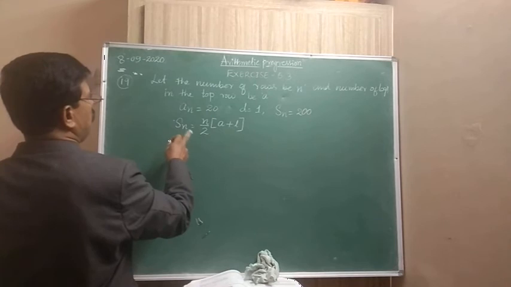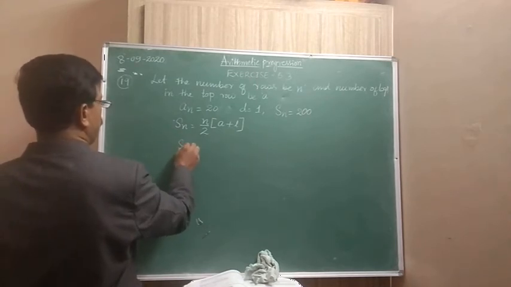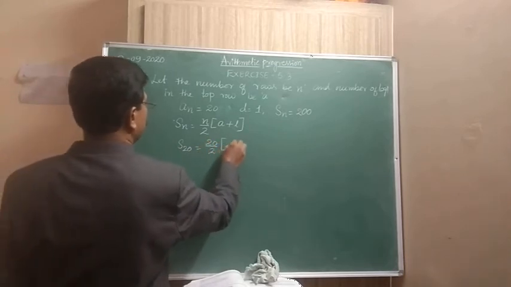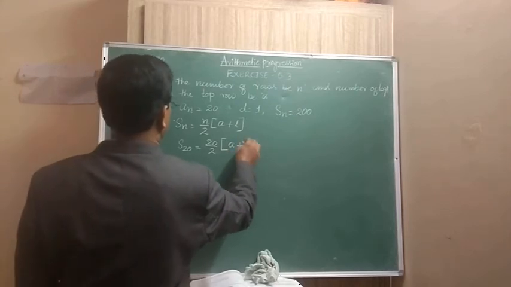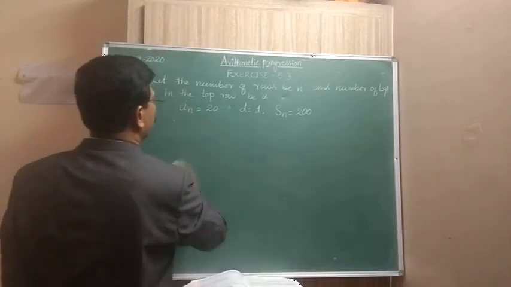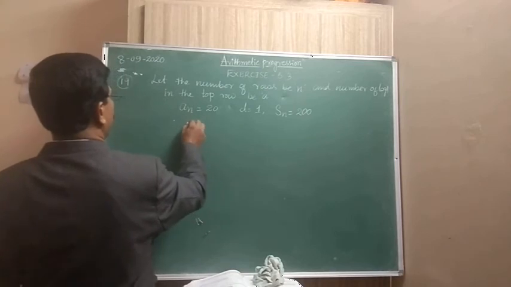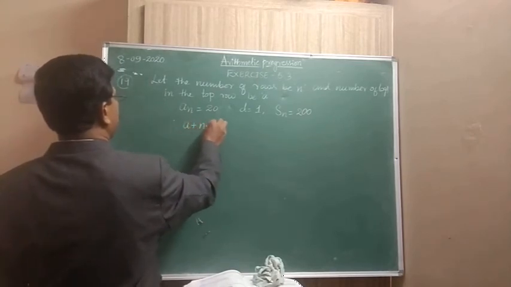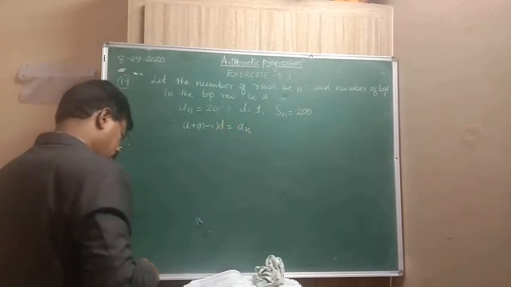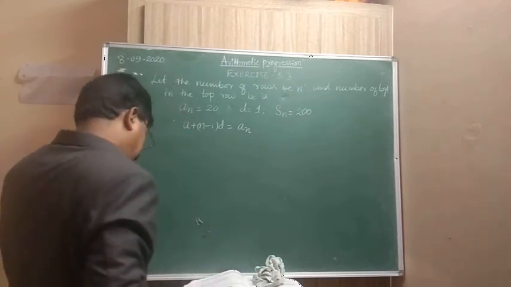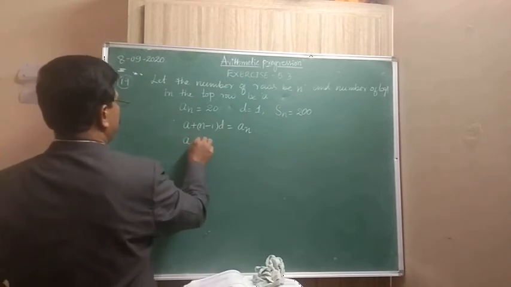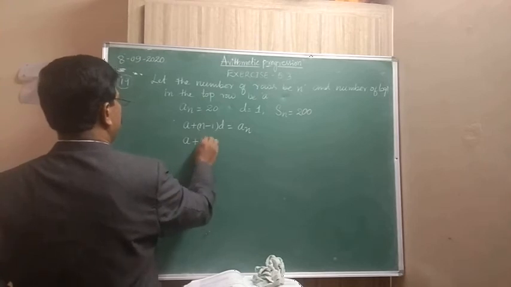Sorry, first the a_n formula: a plus (n minus 1) into d is equal to a_n. Now the first term we don't know, and n is also unknown.